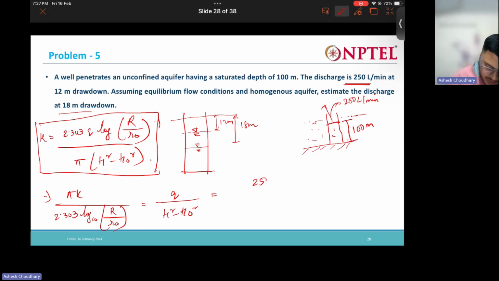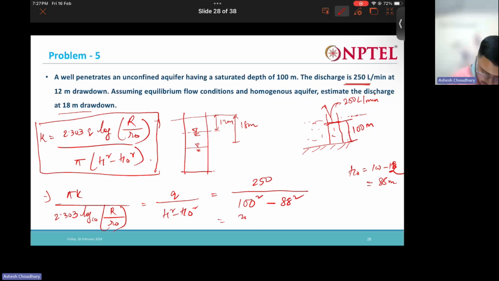So what is Q? 250. What is h initially? h is nothing but the depth of water. Initially it was 100 meter, the saturated depth. 100 minus h naught. In the first case, h naught is 12, so 100 minus 12, nothing but 88 meters, squared.